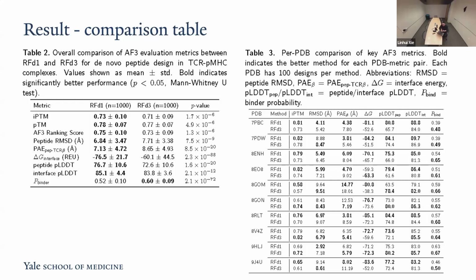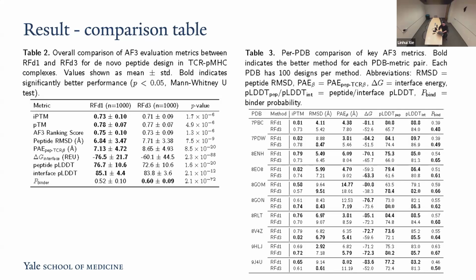So RoseTTAFold diffusion 1 focuses on the structural evaluations, but RoseTTAFold diffusion 3 prefers to give you the binding probabilities for your generated complex.